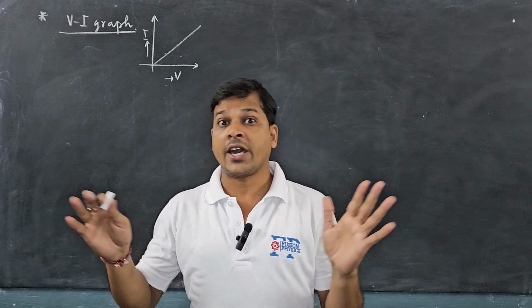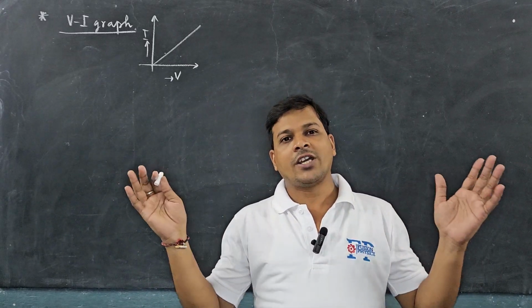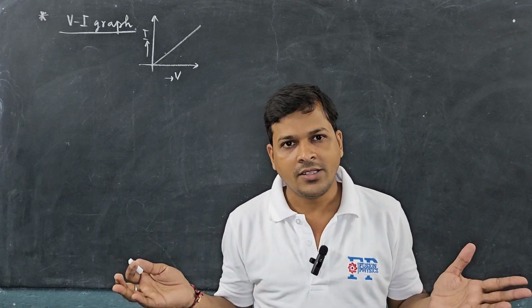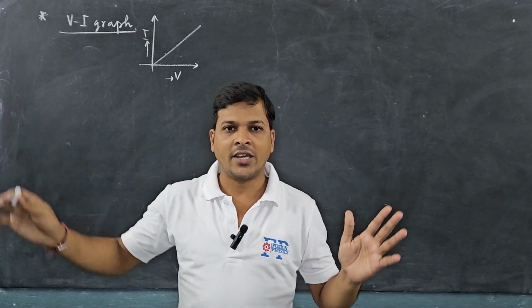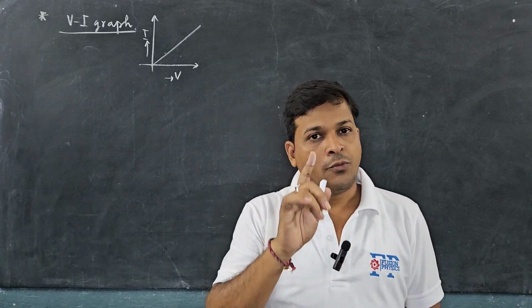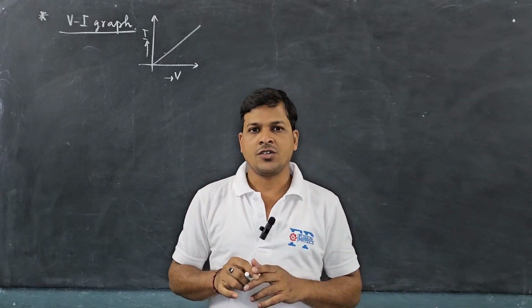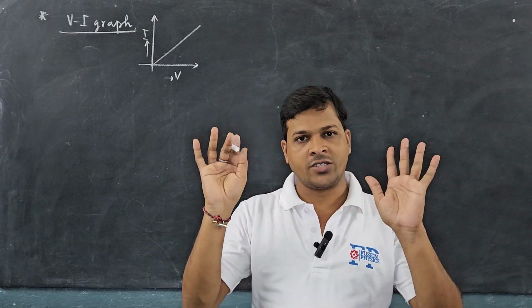Because nanoscience is developing day by day, and as nanotechnology develops, we can easily think about how to replace this number of resistors by a single one. So first we have to learn the combination of the resistors or the electric circuit components. Okay, today we are going to learn this.